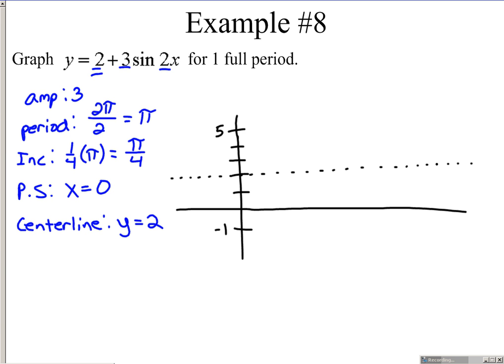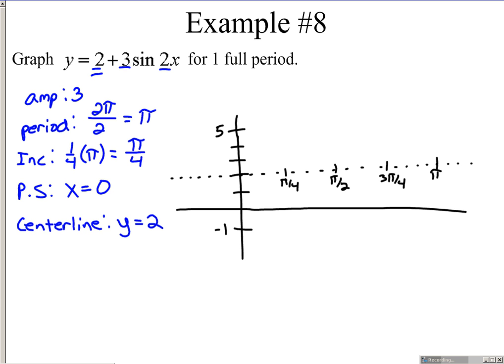Critical points, phase shift is 0, so we're starting at 0 on the x-axis, and we're going in increments of pi over 4. So 0 plus pi over 4, pi over 4 plus pi over 4, pi over 2 plus pi over 4, and 3 pi over 4 plus pi over 4.